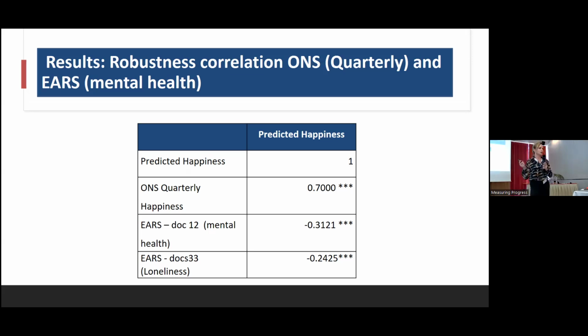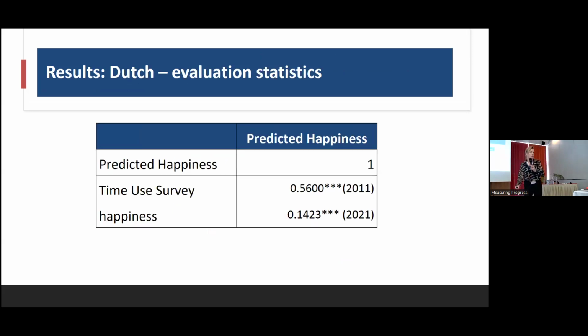We had quarterly data on the ONS going back quite a few years, and we found a correlation significance of 0.7. That might be a little bit low for you, but happiness changes over time. If you start in 2011, you will find those words probably will change. The lingo changes as you go along.